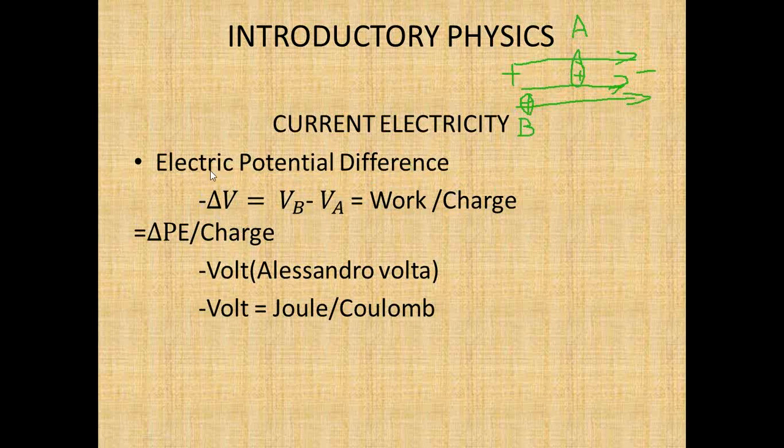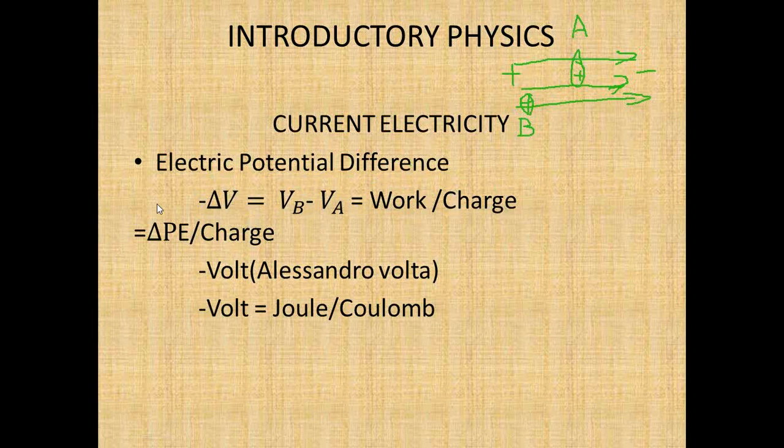So that is why we say the electric potential difference, between the final location and the initial location, is equal to the work done divided by the unit charge.